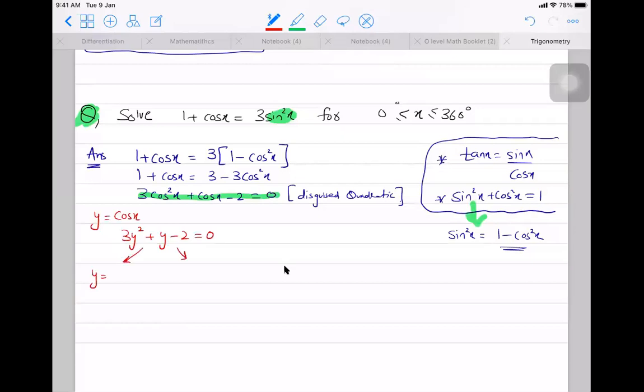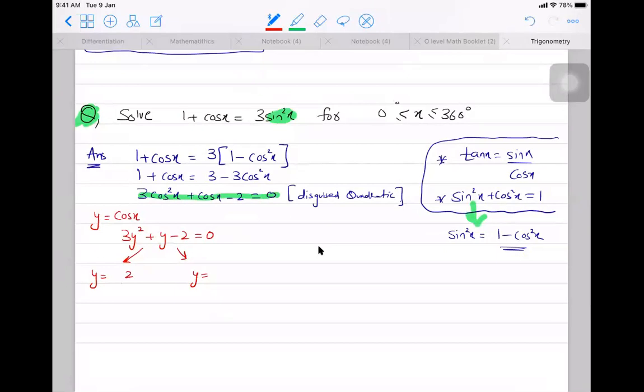So what are the two values of y coming out? It would be minus 1 and 2 upon 3.